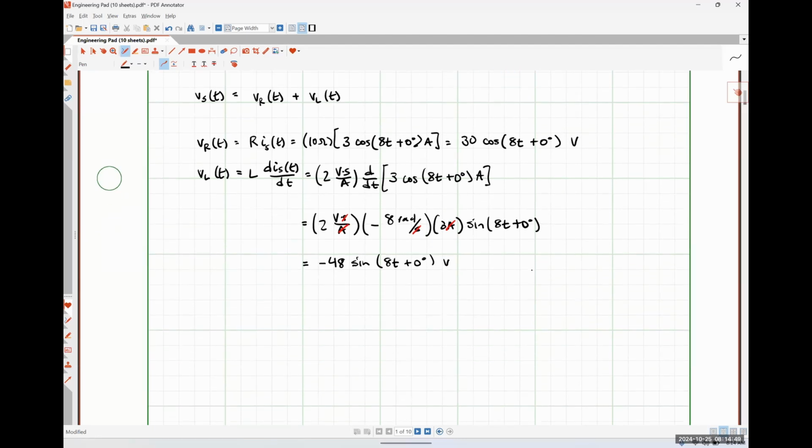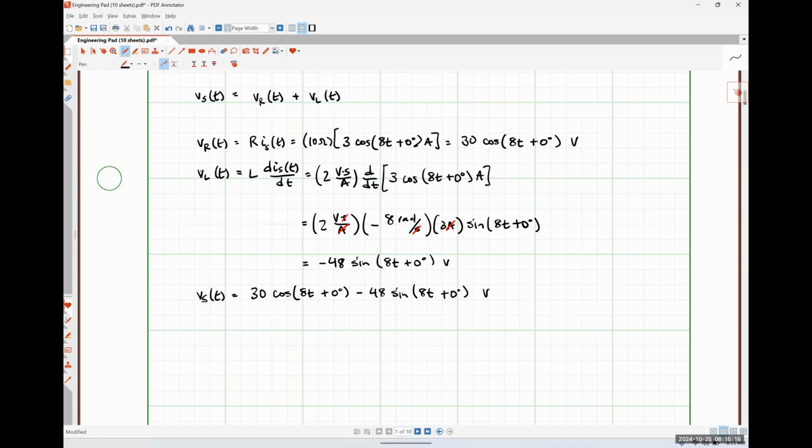And so putting these two things together, we find that our source voltage is going to be 30 cosine 8t plus 0 degrees minus 48 sine 8t plus 0 degrees volts.